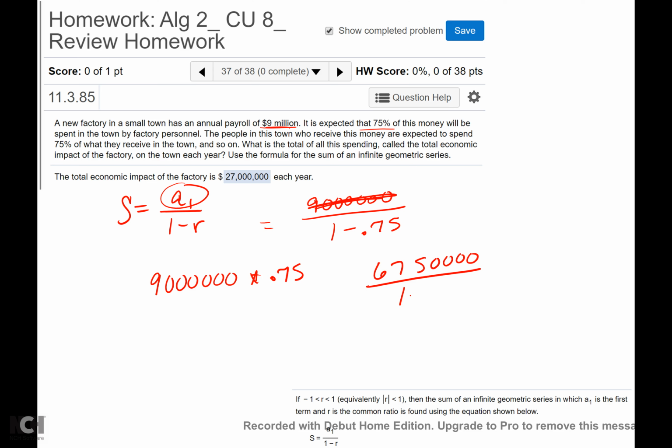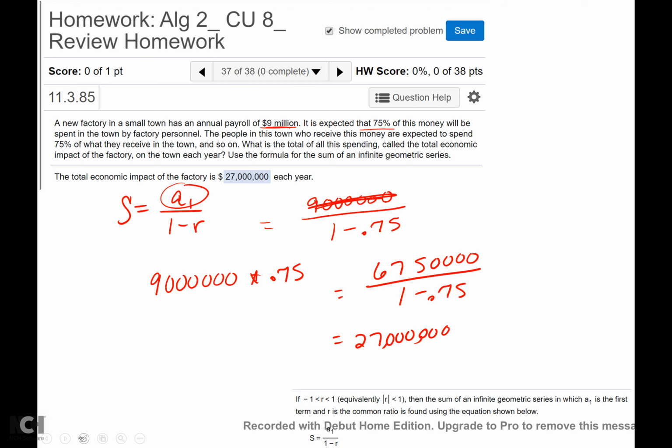That's going to be a sub 1 over 1 minus the common ratio, which is 0.75. So if I do 6,750,000 divided by parentheses 1 minus 0.75, there we go. I get the 27 million each year.